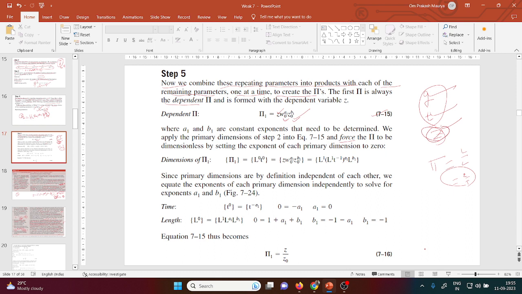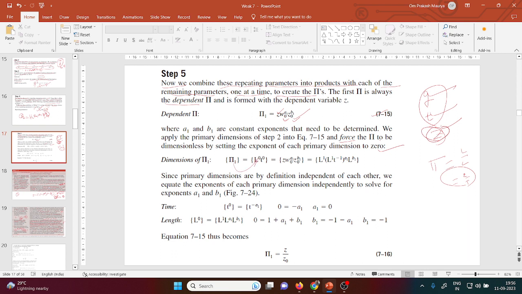and then pi 2, to be dimensionless by setting the exponent of each primary dimension to 0. So what do we do for the dimension of pi? Here only L and T are involved, that is the length and T are involved.